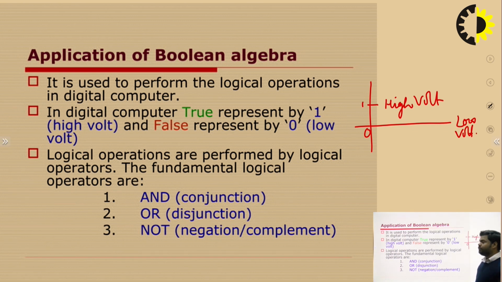Now the logical operations, as I said I would discuss. There are three main logical operations: and, or, not. And is also called conjunction, or is called disjunction, and not is called complement or negation. We also have signs for them.